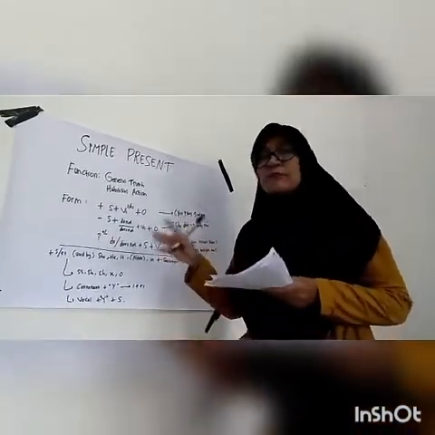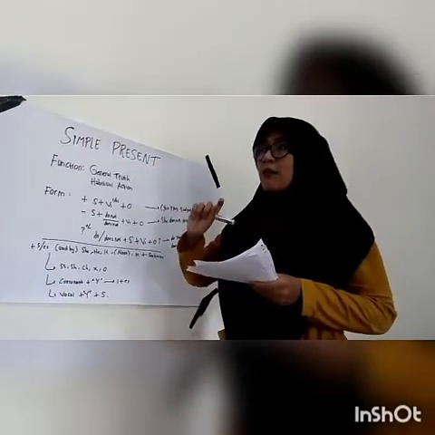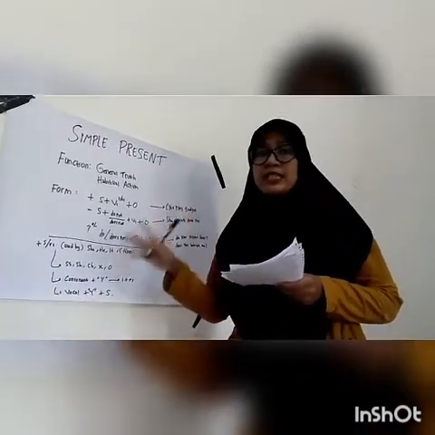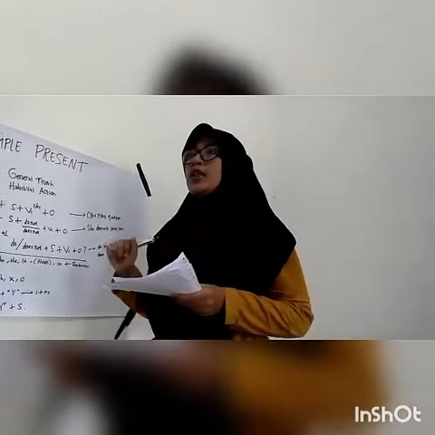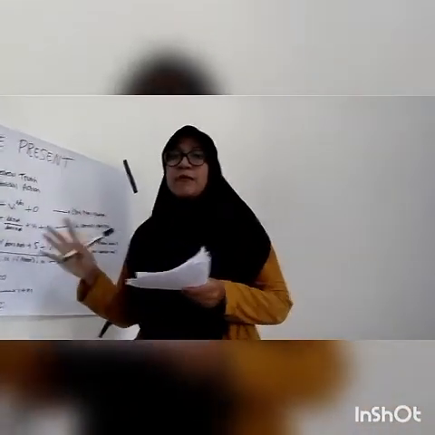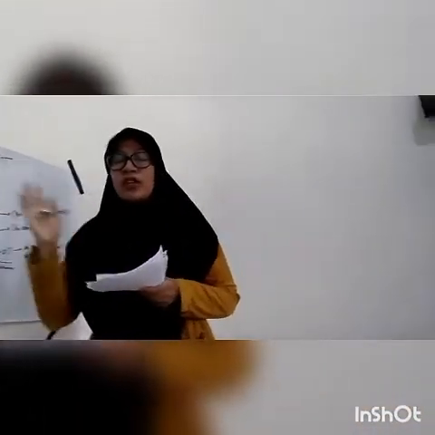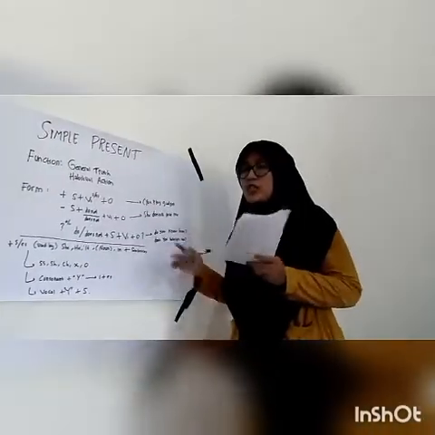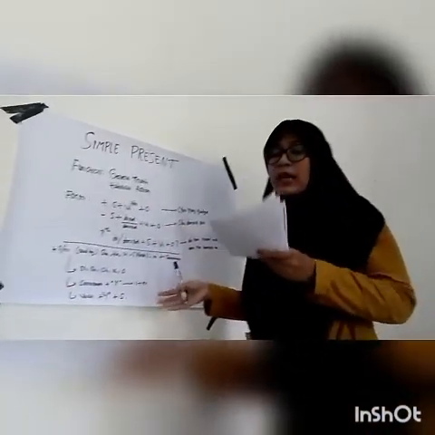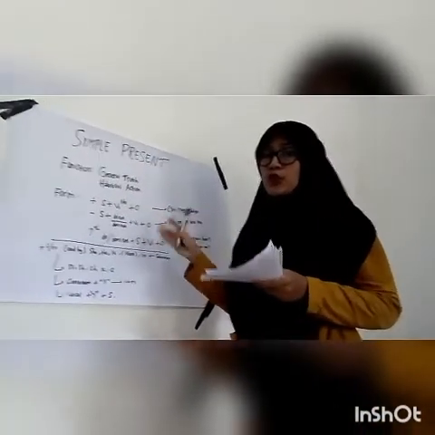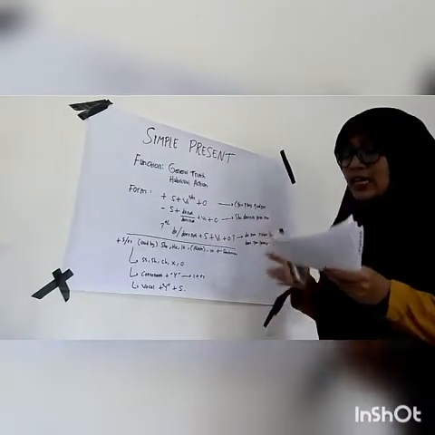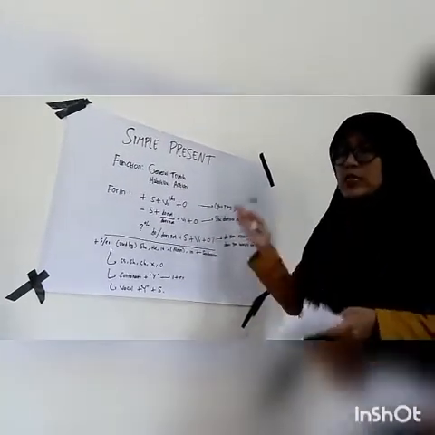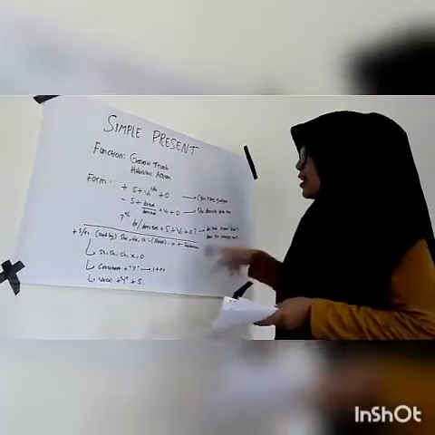Miss becomes misses, discuss becomes discusses, and kiss becomes kisses. For example sentences: she misses him. He kisses you on the cheek. He discusses simple present tense. Something like that.